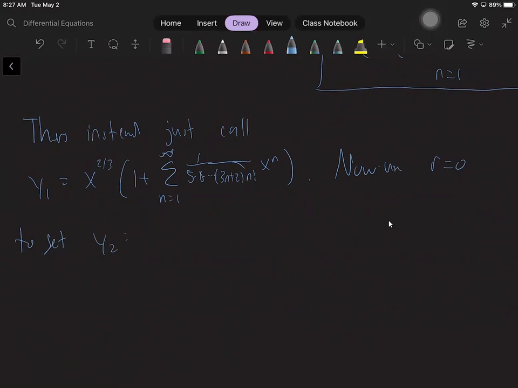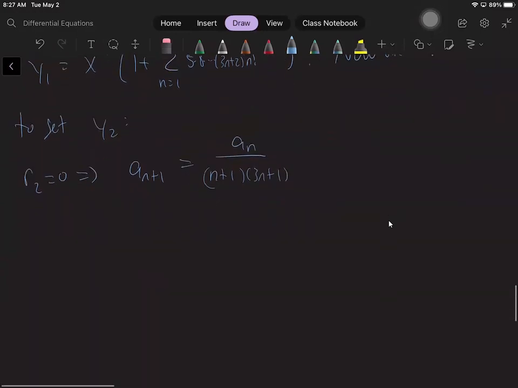We're going to do the same exact thing with 0. So r2 equals 0 gives us an plus 1. If you go back to your original thing and you change r to 0 now, you get this. Then you plug in everything like before.